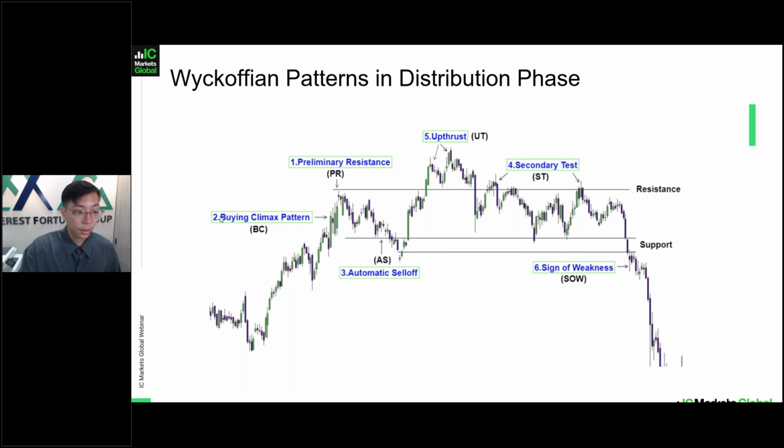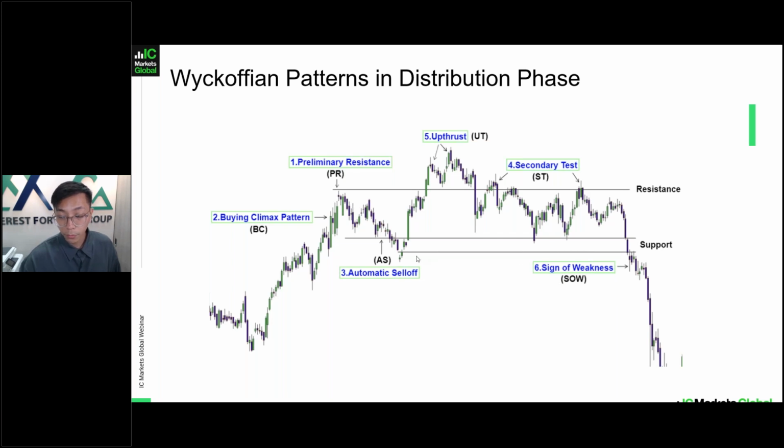Okay, and then what about upthrust? Upthrusts are nothing but your breakouts that happen during the distribution phase, and the price will rise above the PR of the trading range only to reverse back below the trading range. Okay, and right here we have SOW, your sign of weakness, which is the breakout, right?